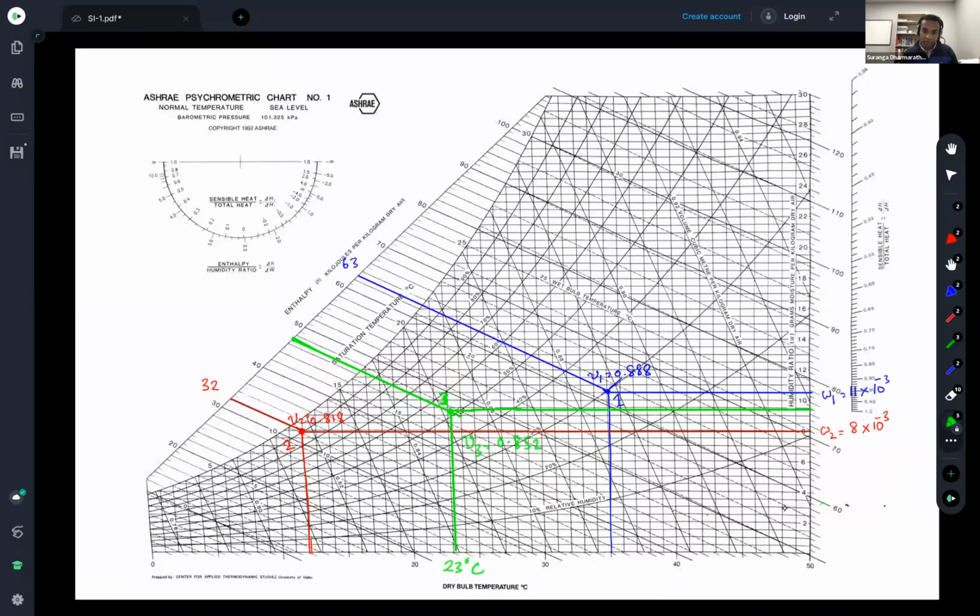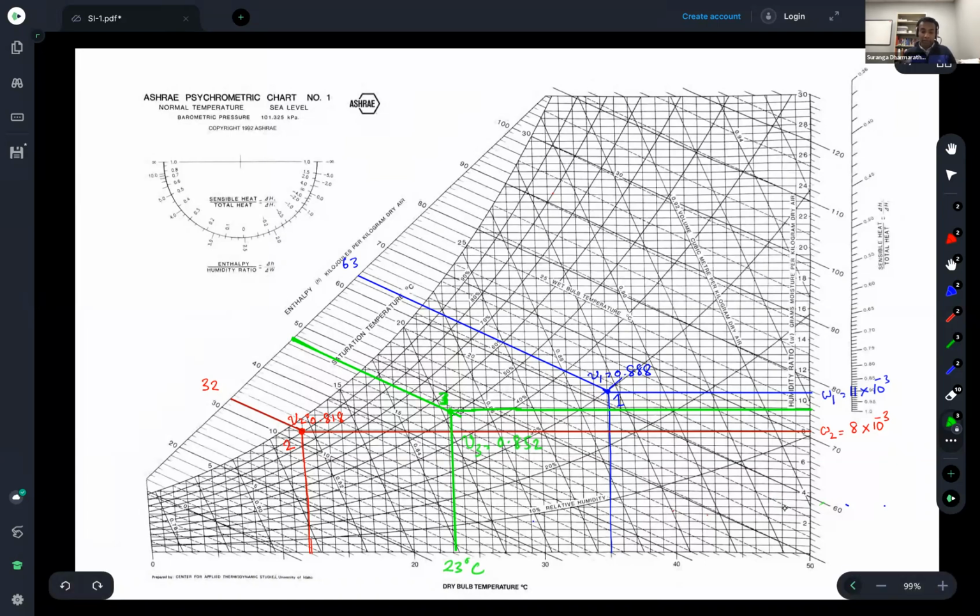As it is shown here, the green line and this green line, H is 47, and this is 9, and they intersect in here. And then that is our dry bulb temperature, close to 23. And then we can find V, specific volume, 0.852.